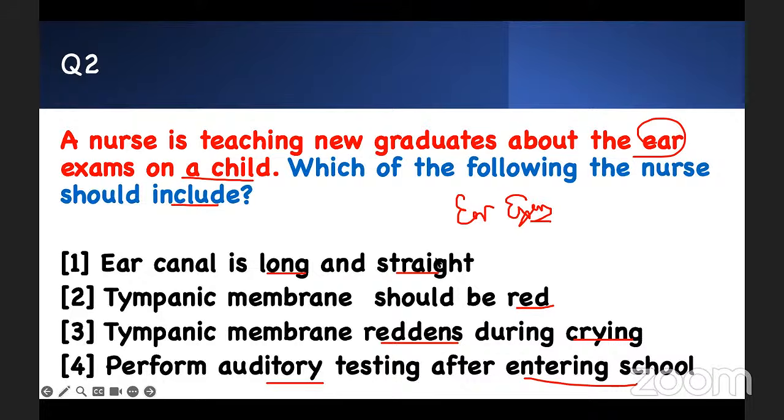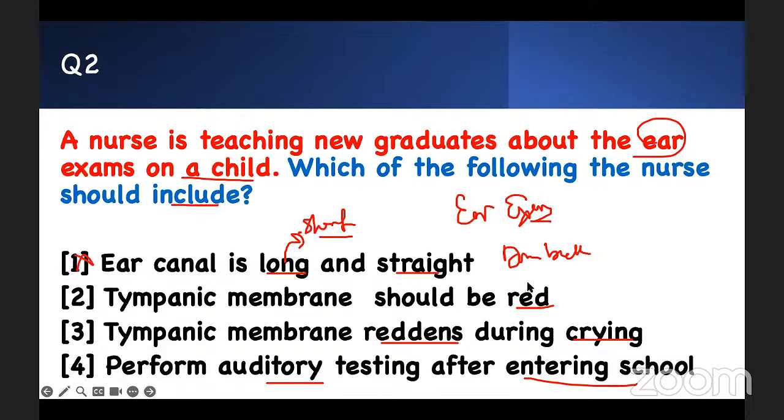There's a reason why. This is short and straight. That's why you pull your ear down and back in order to straighten it. Because it's short, this is wrong. It's not long, it's short.